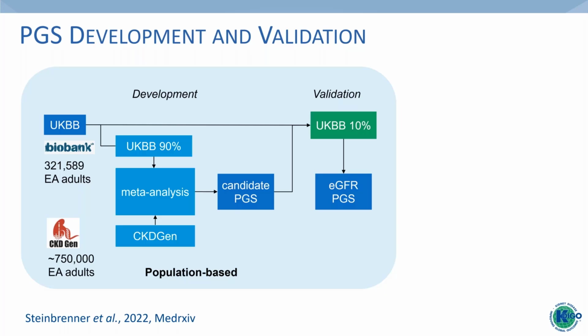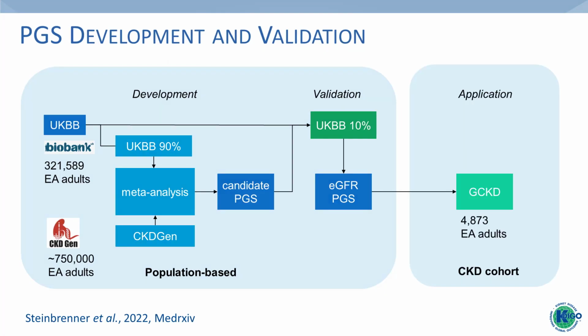These PGS were validated in another 10% of European ancestry participants of the UK Biobank. The resulting PGS was then applied to a CKD cohort, the GCKD study, also with European ancestry participants.